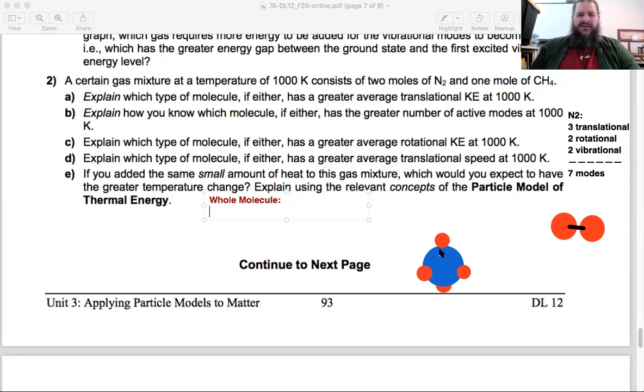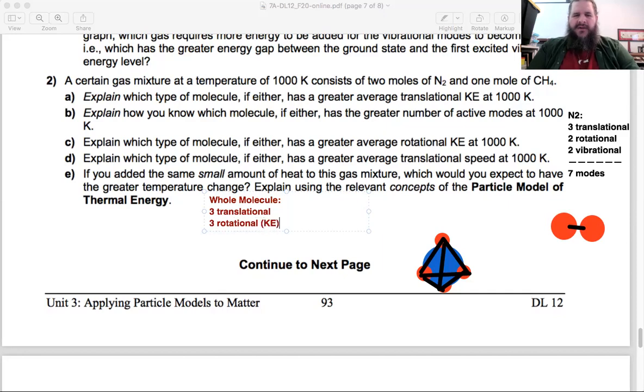Well, ignoring what's going on inside, let's say you just have this pyramid-shaped lump drifting around in space, ignoring the atoms inside the lump, how many ways can this lump have energy? 6? Yeah, because it can move in 3 dimensions and it can rotate in 3 dimensions also because it's nonlinear. So we should expect 3 translational modes and 3 rotational modes.